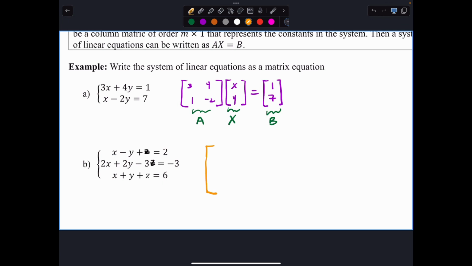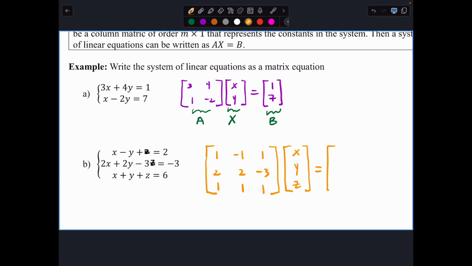Okay, so coefficient matrix first, times the column matrix with the variables that we are trying to solve for, equals the column matrix that has what each linear equation is equal to.